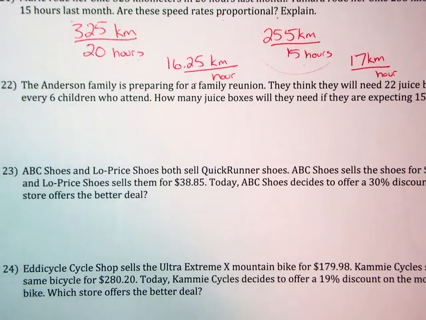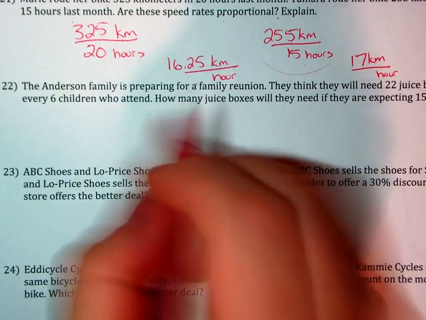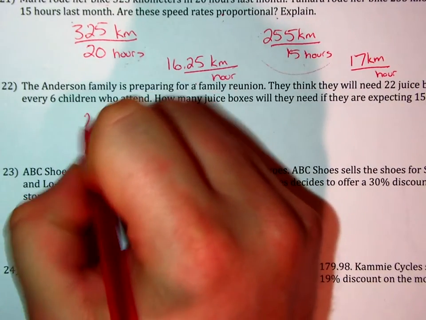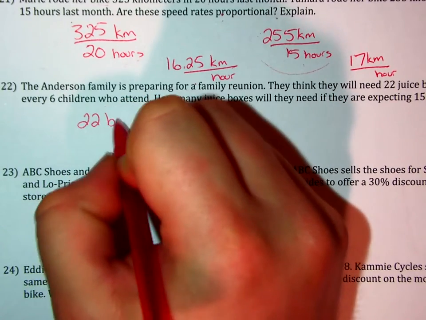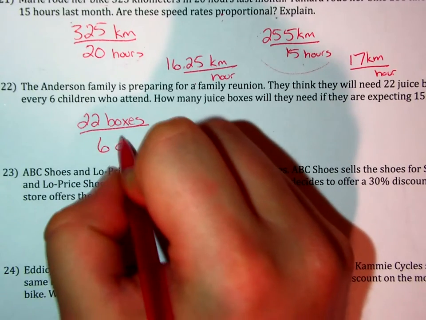Problem 22. The Anderson family is preparing for a family reunion. They think they will need 22 boxes for 6 children. Well, that already sounds like a ratio, so I'm going to write that down. 22 boxes per 6 children.